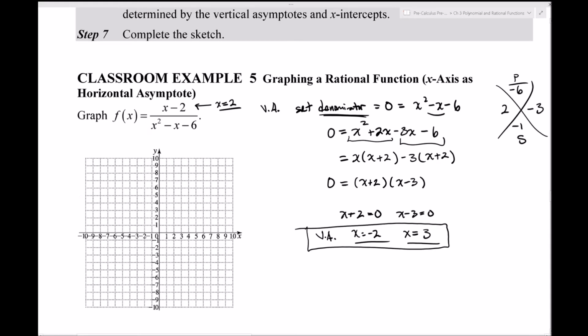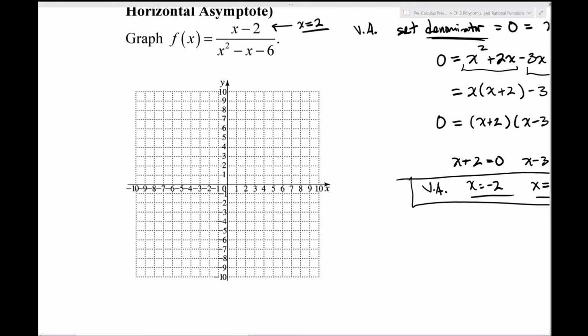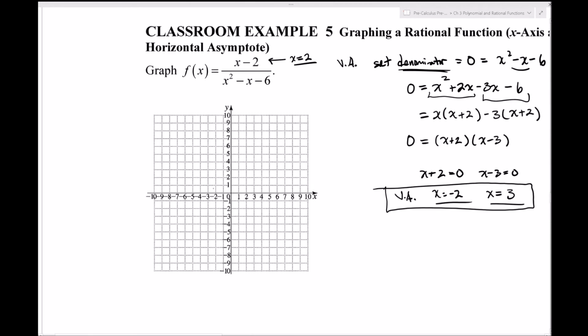Now we saw earlier that if the numerator and denominator share zeros, you don't get asymptotes, instead you get holes. So I have two vertical asymptotes, which I will go ahead and start the graph up. There's one at -2, so I'll draw a red vertical dotted line. And the other one happens at 3.